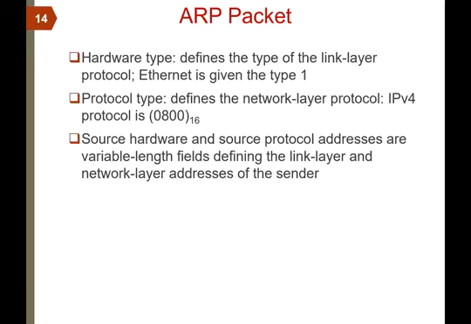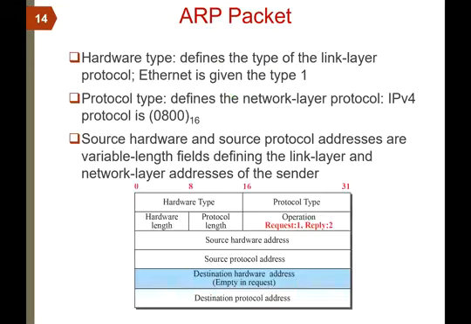ARP packet. If we look at the ARP packet header, it contains the hardware type, which defines the type of the data link protocol. Ethernet is given type 1. So what is the hardware? Is it Ethernet? Is it token ring?